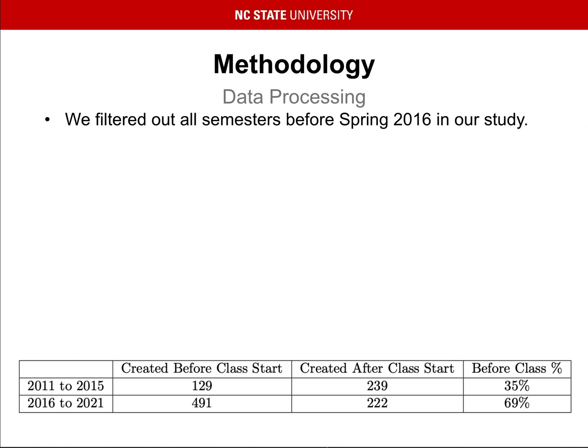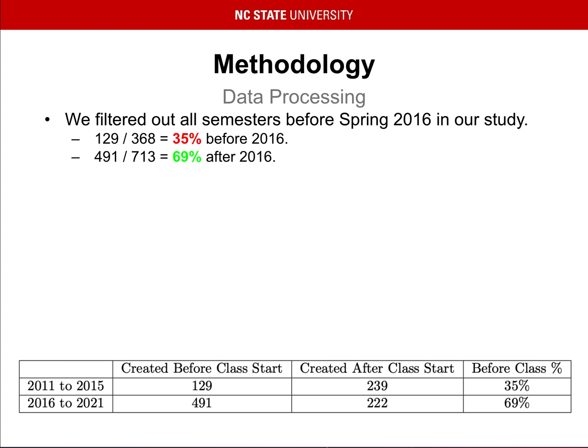Now let's talk about data processing. The first thing we do is filter out all semesters before spring 2016 in our study. The reason is that only 35% of students had their personal GitHub account created before they took the class for semesters earlier than spring 2016.